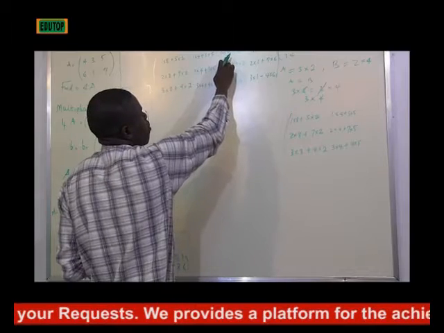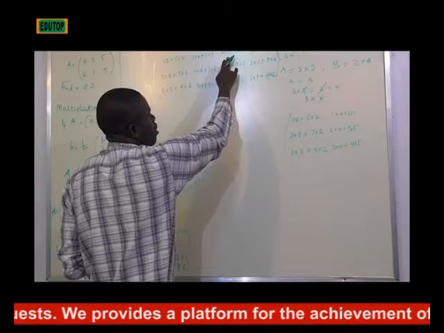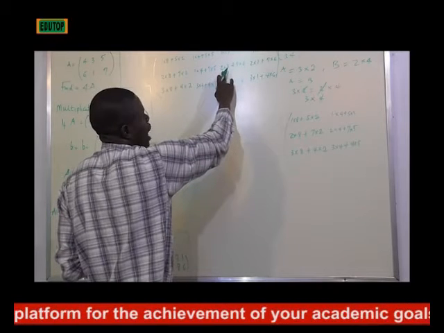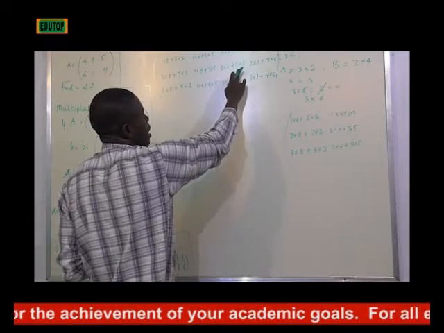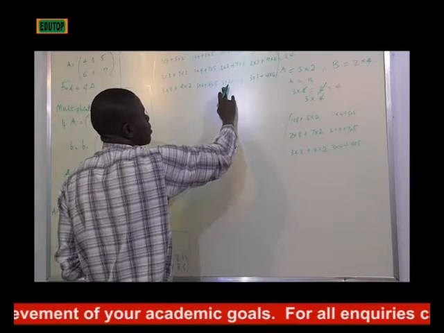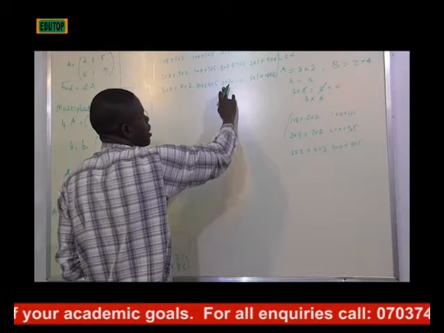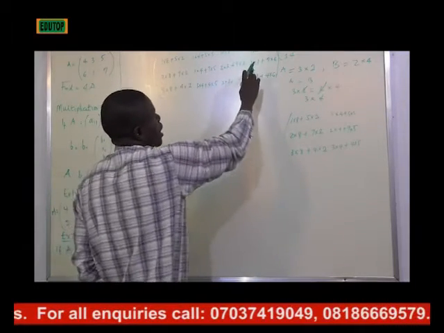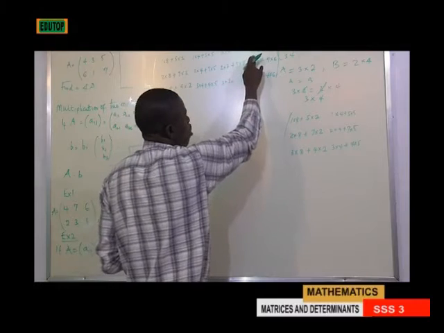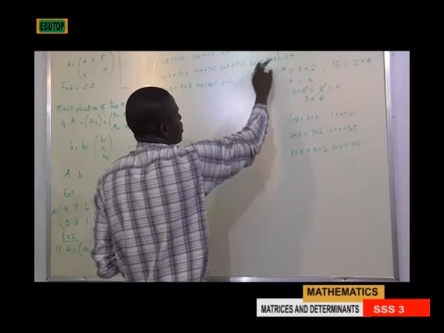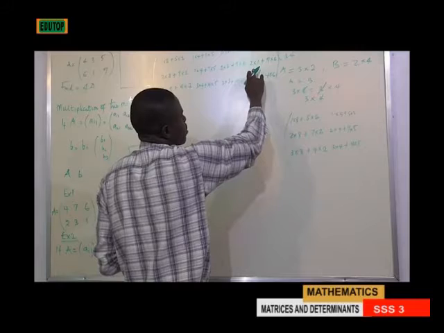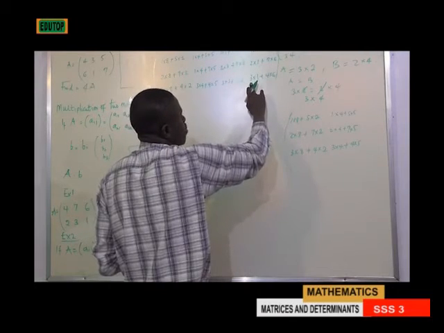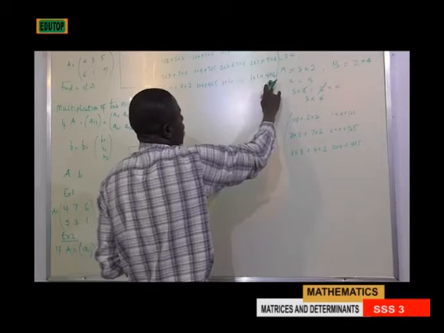Then 1 times 3 plus 5 times 8, yes. 2 times 3 plus 7 times 8, yes. 3 times 3 plus 4 times 8, yes. Then 1 times 1 plus 5 times 6, yes. 2 times 1 plus 7 times 6, yes. 3 times 1 plus 4 times 6.